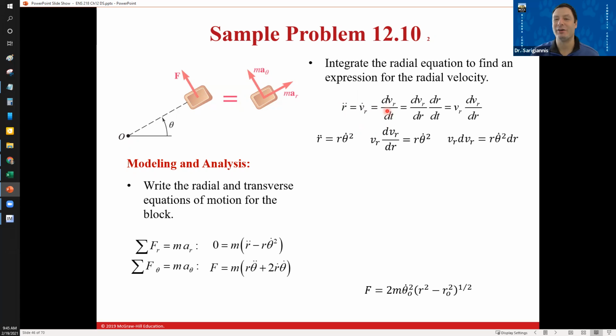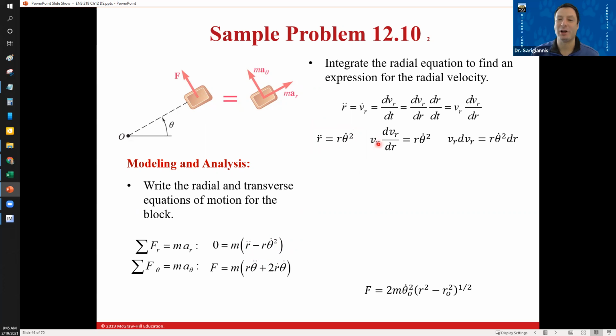So we write this out: dv_r/dt is dv_r/dr times dr/dt. This is just your position derivative, and you can pull out your v_r and get v_r dv_r/dr from the equation. And then this is the theta component down here.